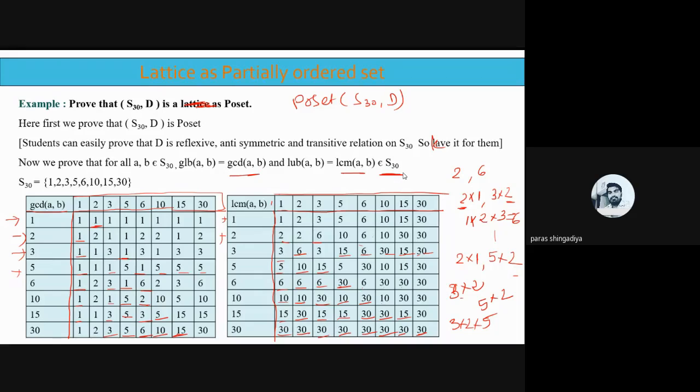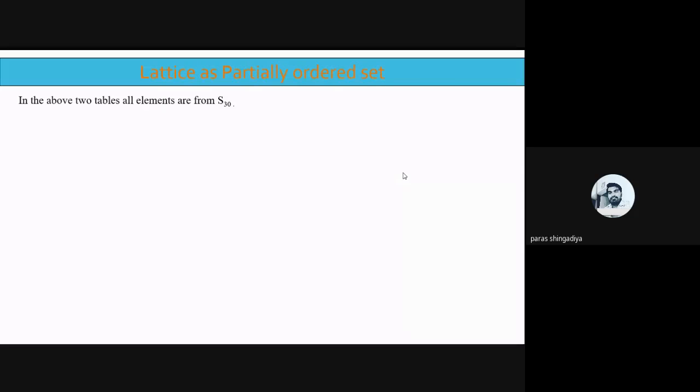Clear? After that, write down the conclusions for that. In the above table, all elements are from S30. Okay, all the values inside the box are from S30.